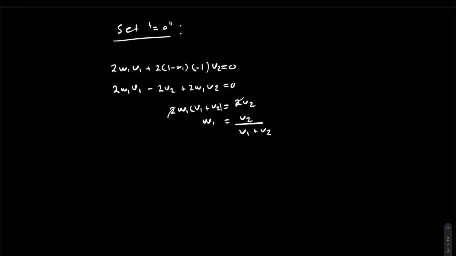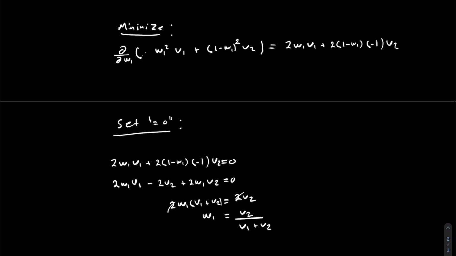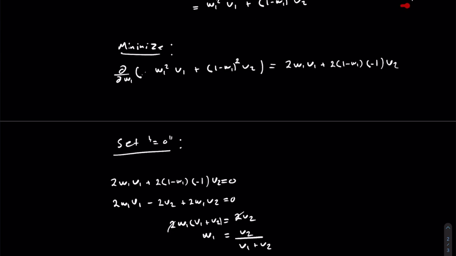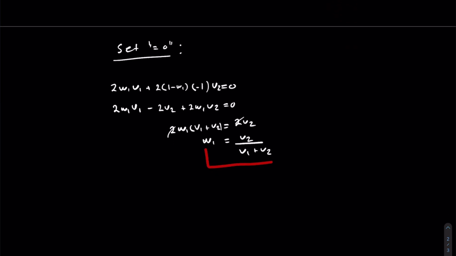So it's a ratio of the two variances. And equivalently, if we would have solved for W2, we will end up with the reverse relationship. So W2 is variance of 1 here instead, and we get these two weights.